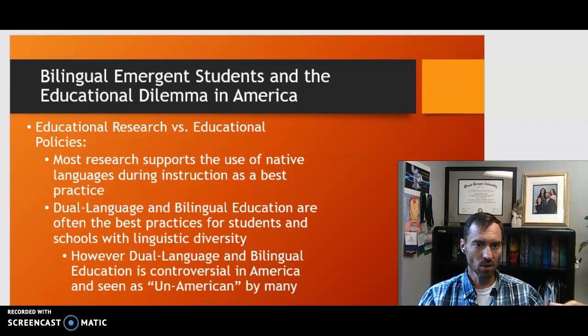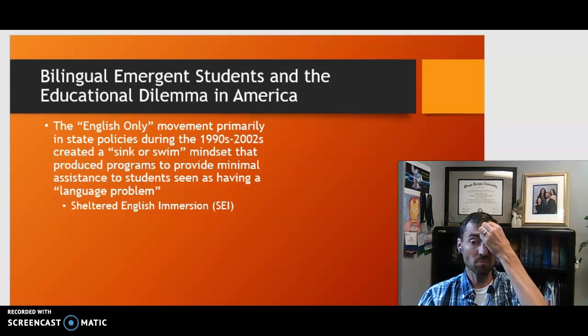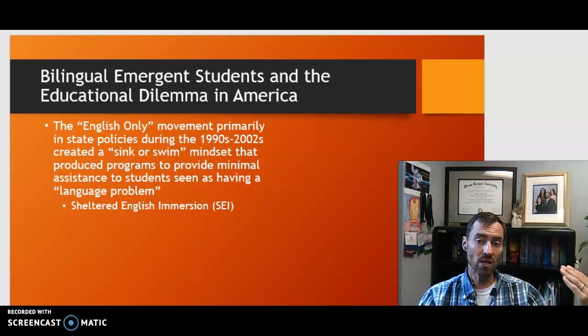Okay, running short on time, so I'm going to skip over some of this, but many of the practices that you see online that say you should do them, like sheltered English immersion, came out of an English-only movement construct. What that means is you have people saying, we're in America, speak English.